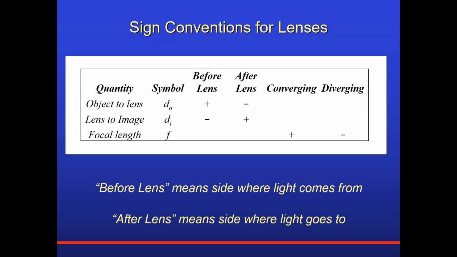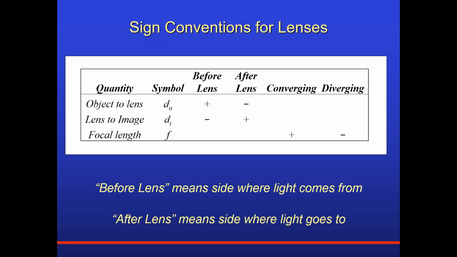But the image, which you'll see very shortly in the video, can be before the lens, negative di, or after the lens, positive di. The focal length for a converging lens is positive.